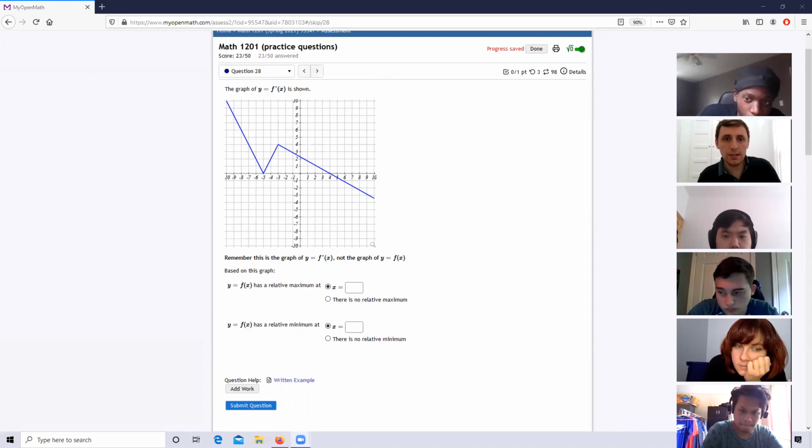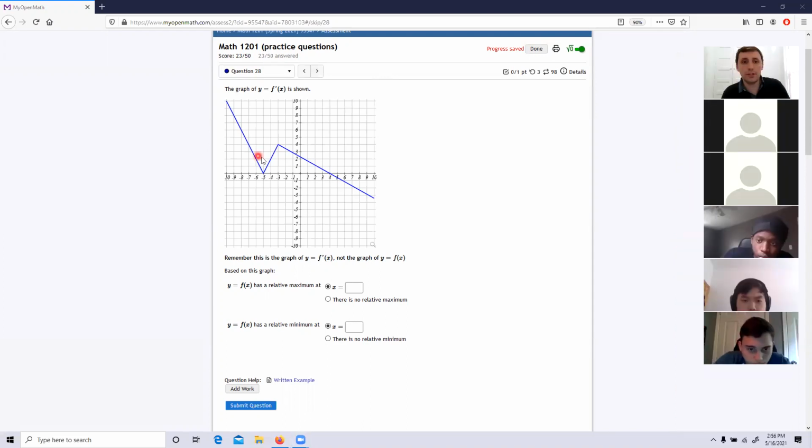And the rest of you guys, do you understand what we're searching? This is the graph of the derivative, right? So just those are slopes.